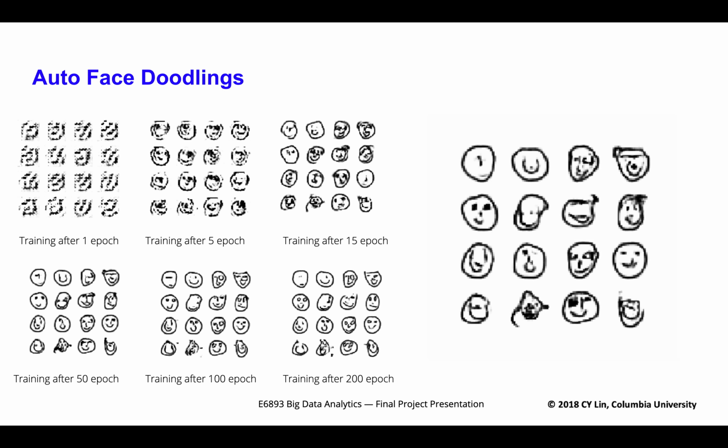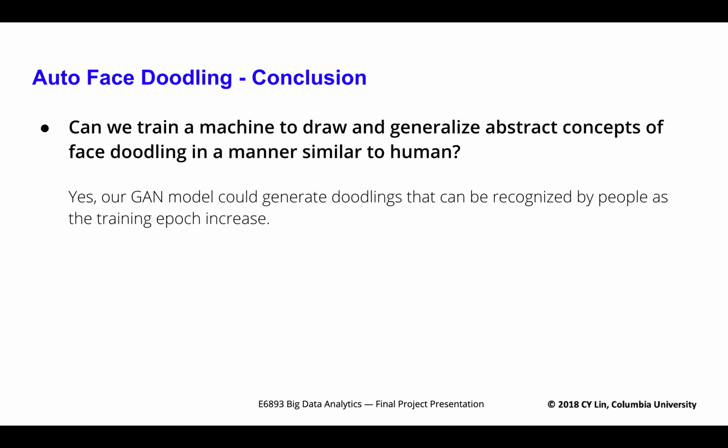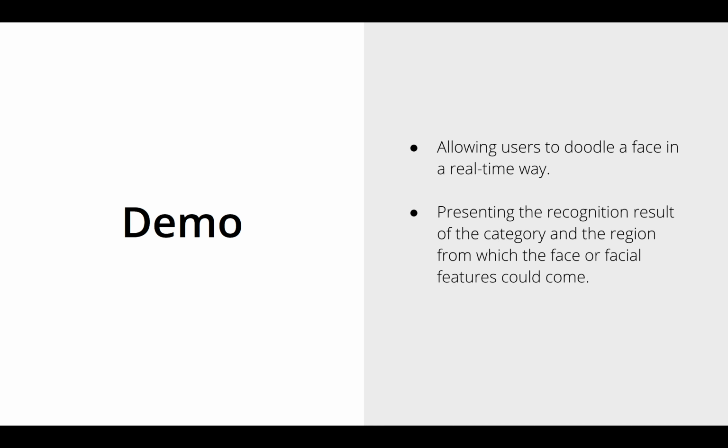We can see from the GIF here, as the number of epochs increases, the auto-doodle is more like real face doodlings. So the answer is yes, our GAN model could generate doodlings that can be recognized by people as the training epoch increases.